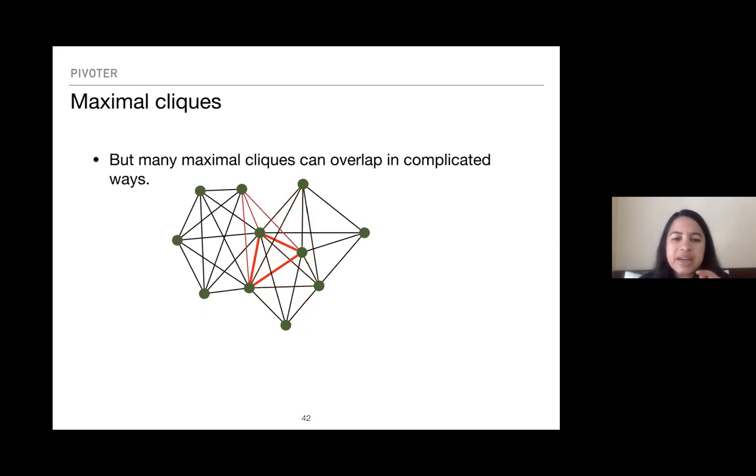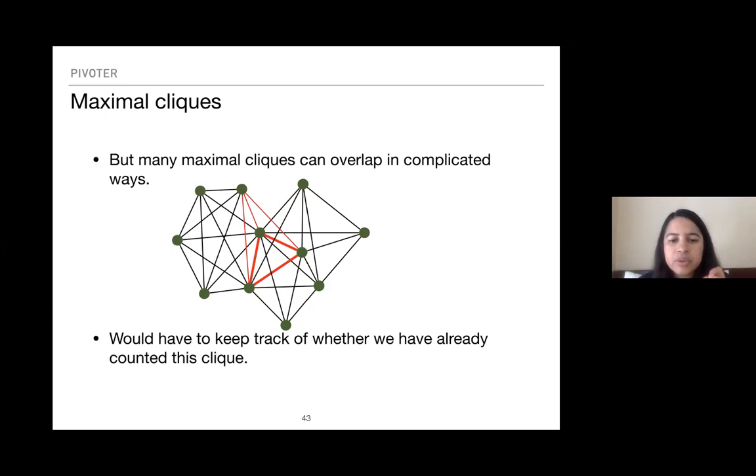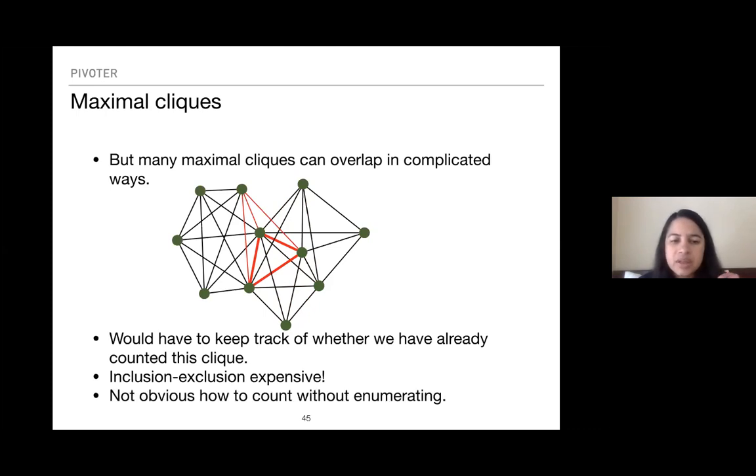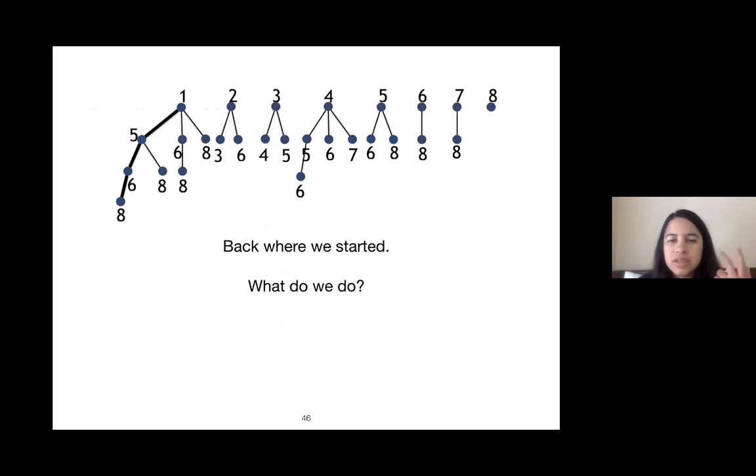So if I have to use this formula-based method on maximal cliques, I would have to keep track of whether I have counted this triangle earlier as part of some other maximal clique. Essentially, I would have to do inclusion-exclusion, which can be expensive. So it is not obvious how we can use maximal cliques to get the count of all k-cliques. So we are back where we started. What do?